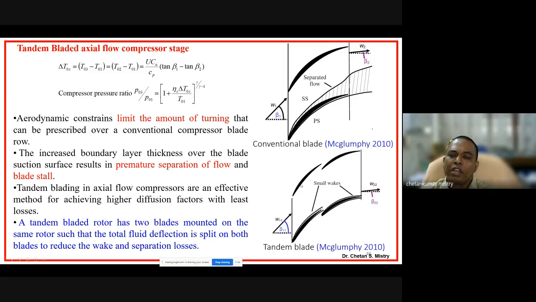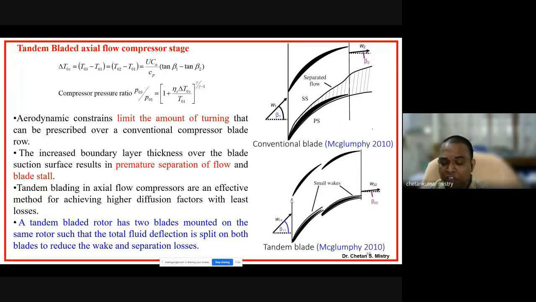Here, these two aerofoils are placed in a tandem arrangement. So you will have one wake coming out here. Because of the jet effect, the flow coming out from your pressure surface and the acceleration of flow from your suction surface reduce the separated flow region and give you a small wake.